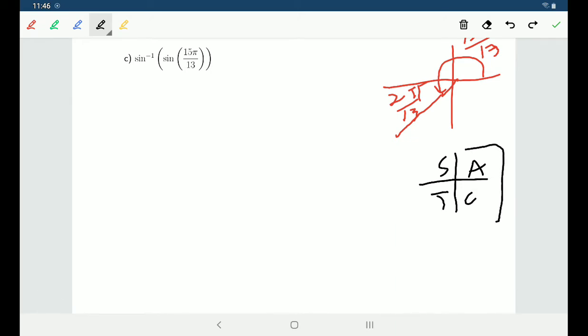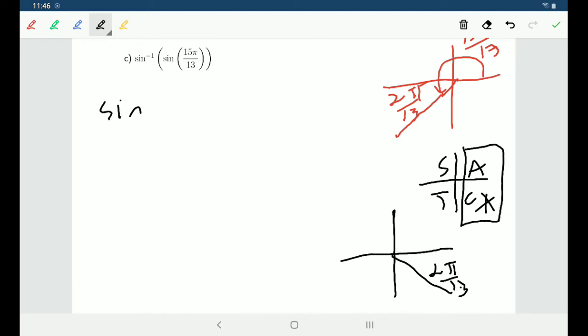Now, in quadrant 1 and quadrant 4, it's quadrant 4 where sine also has negative values. So the angle that we're going to be looking at will be the one that's in quadrant 4 and has reference angle of 2 pi over 13. So that must be the angle negative 2 pi over 13.